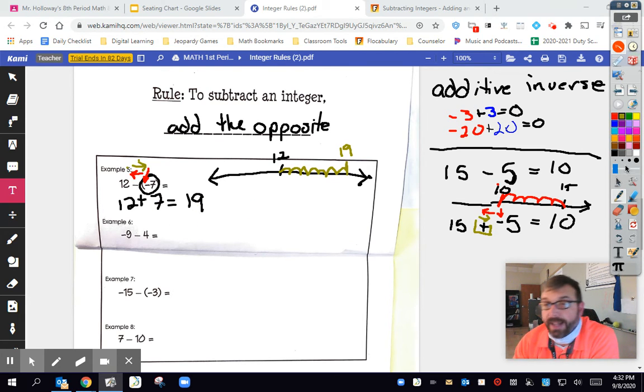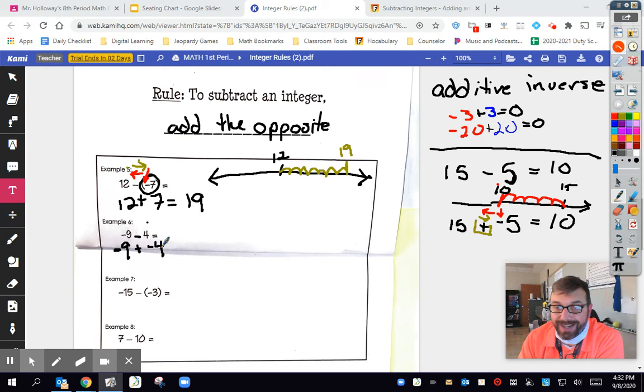Okay, now let's look at this next one. This next one's a little bit more confusing. -9 minus a +4. So let's rewrite this. -9, that stays the same. I now want to add a -4 because I want to change this. This is subtraction, so I'm going to change it to addition. This was a +4.